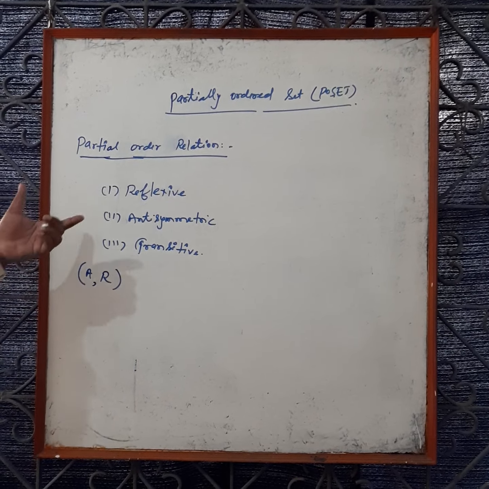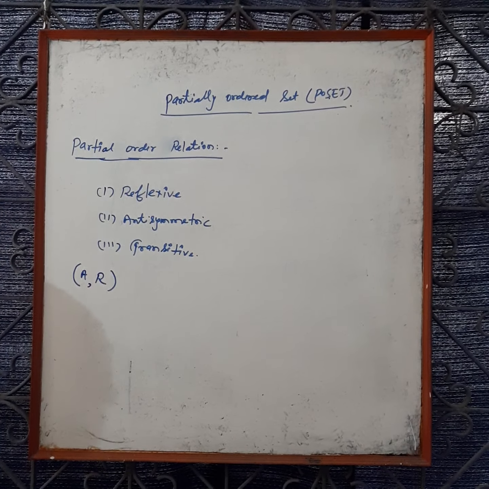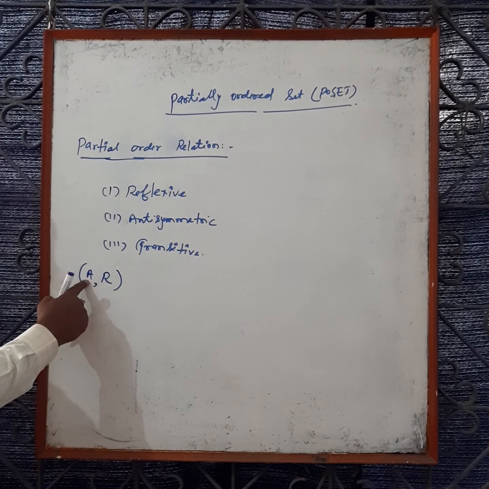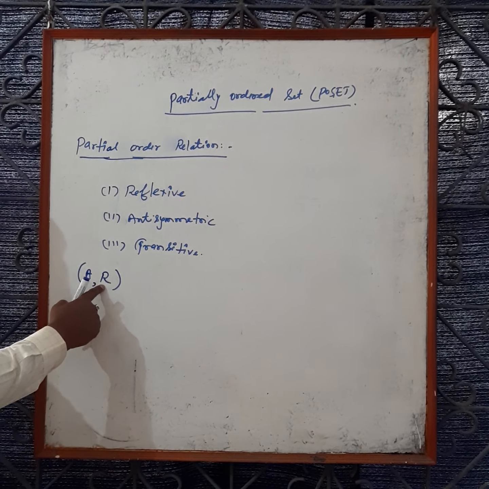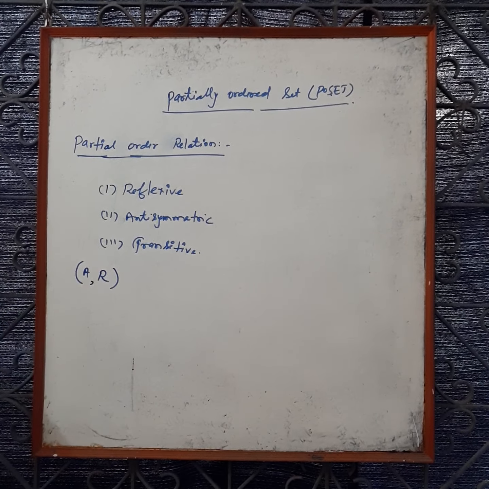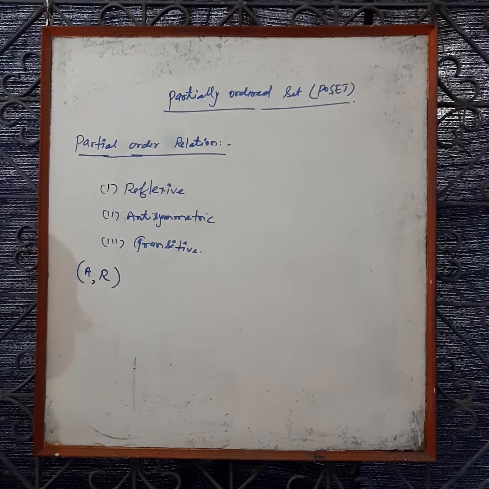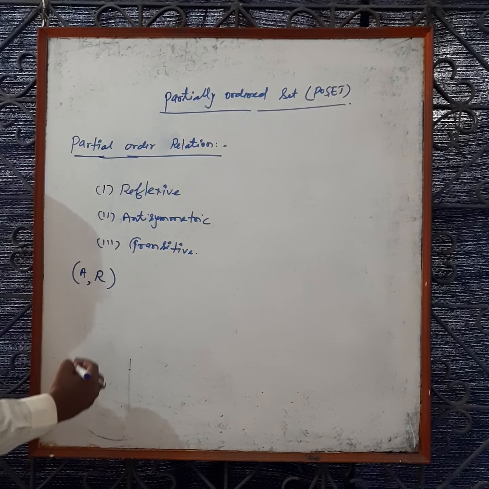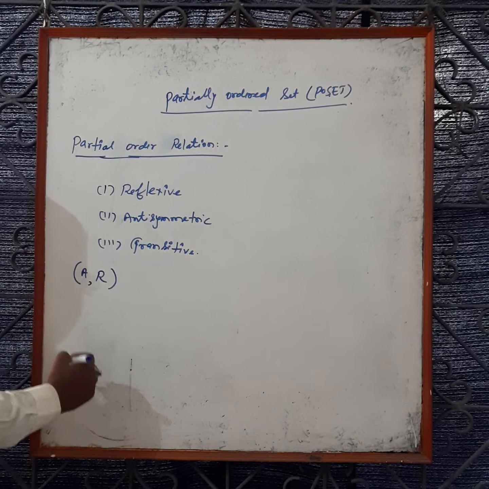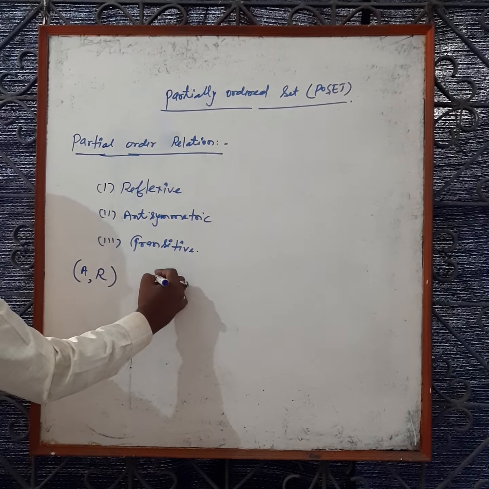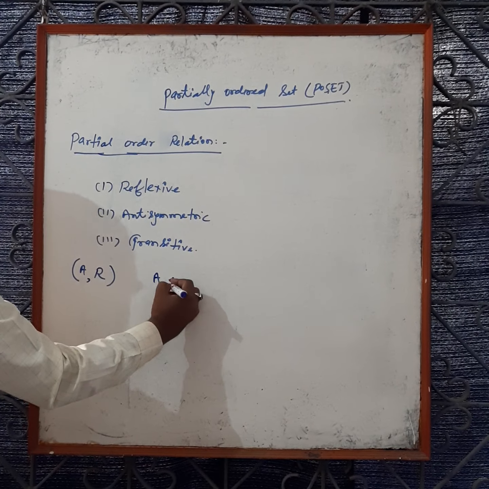This means that a partially ordered set is a structure in which the first element is the set and the second element is a relation, and the relation satisfies reflexive, antisymmetric, and transitive, meaning partial order relation. Generally, we can use any symbol in place of R, but in most books we see less than equal to.